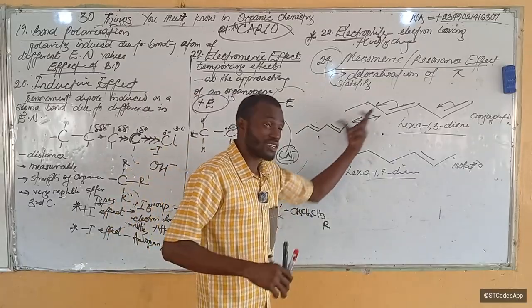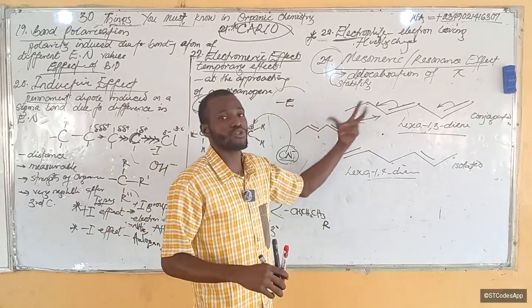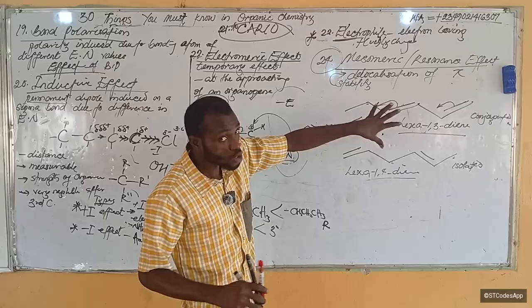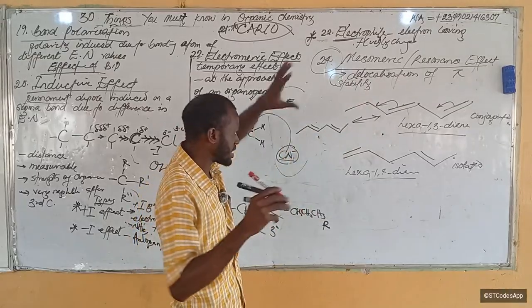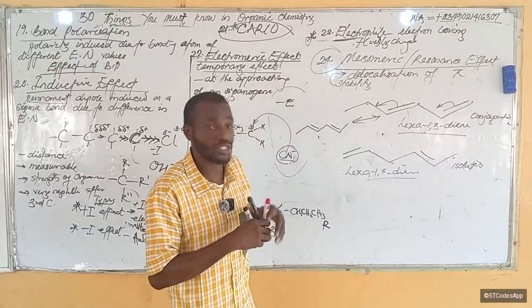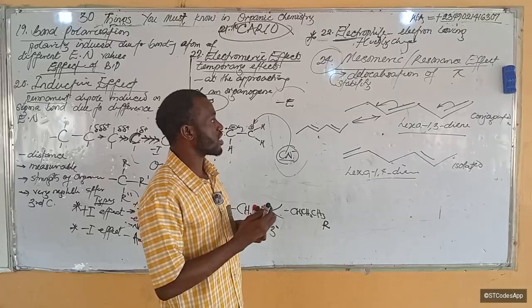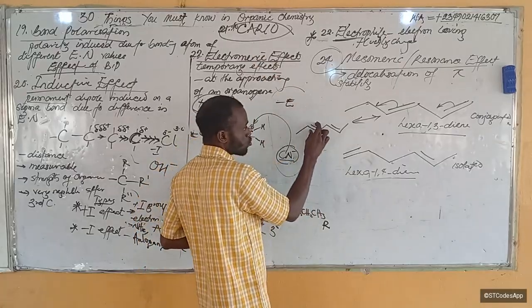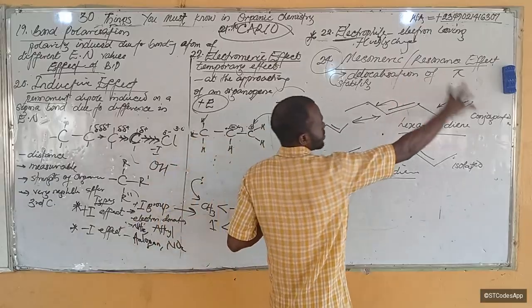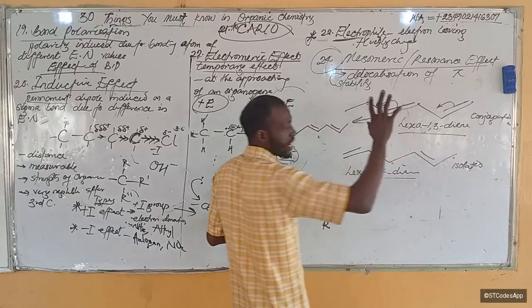These are what we call resonance contributing structures. That is, the structure is never exactly like this in reality, and never exactly like this. It is somewhere in between. So what do I mean by somewhere in between? Instead of having the pi bonds be exactly on carbon 2 here, or exactly on carbon 1 and carbon 3 here, that's not what will happen.